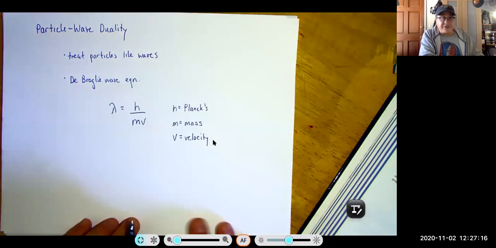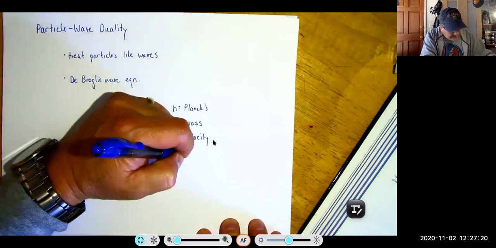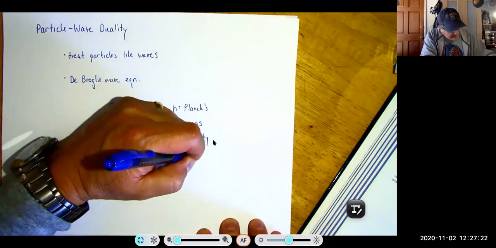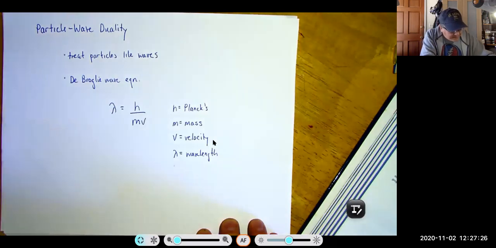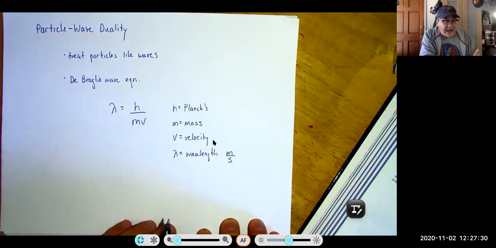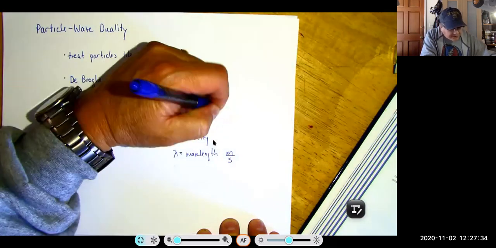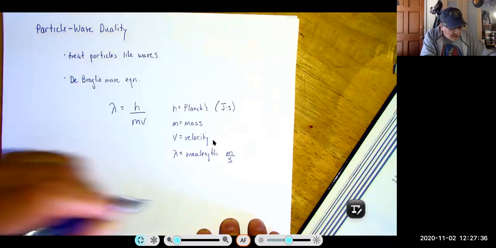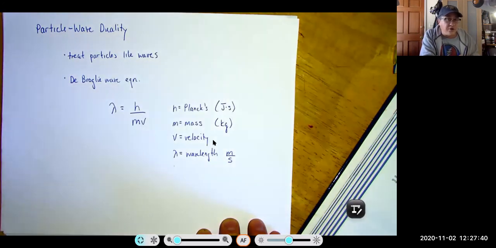Now, when you use this equation, lambda is the wavelength. And this is going to be in meters as long as Planck's constant is in joule seconds, which it is, as long as the mass is in kilograms. So that means you need to turn the mass into kilograms. If it's given as grams, you need to switch it.